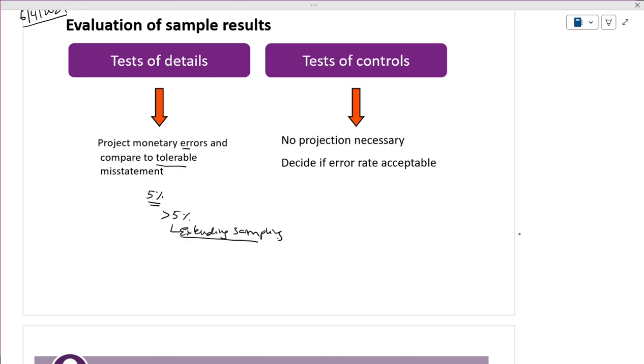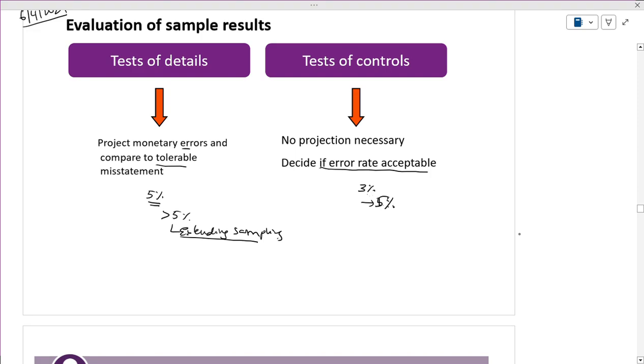Now, test of controls is not like that. No projection is necessary. Decide if the error rate is acceptable or not acceptable. If the error rate is 5%, and the projection you are making is only 3%, the error is going beyond 3%, so it is not acceptable.